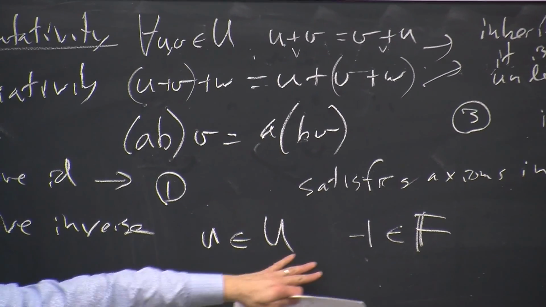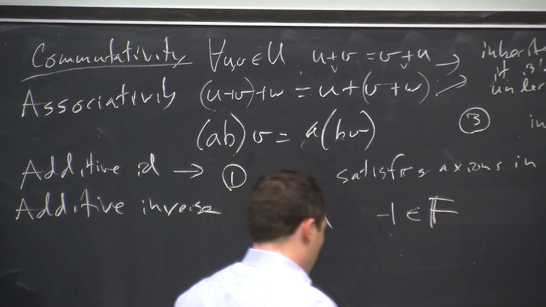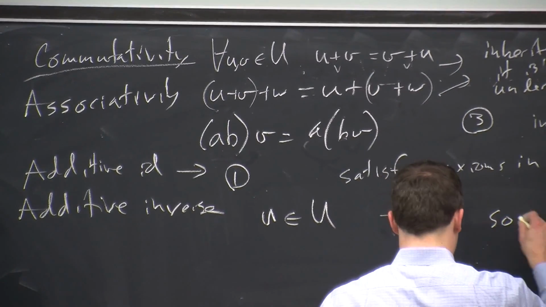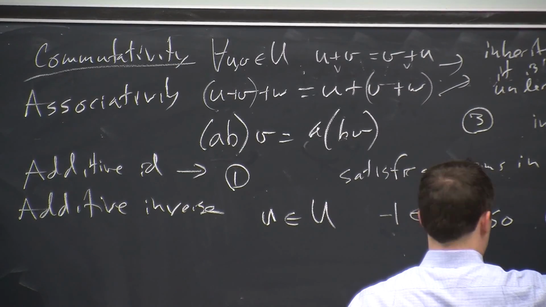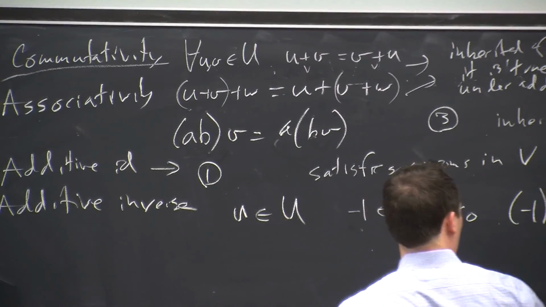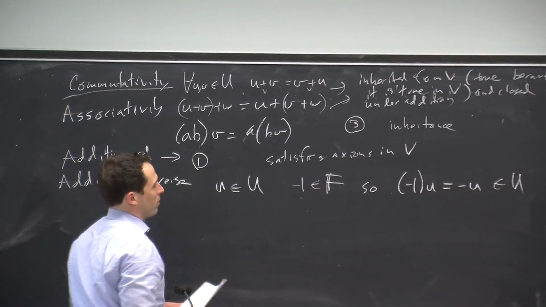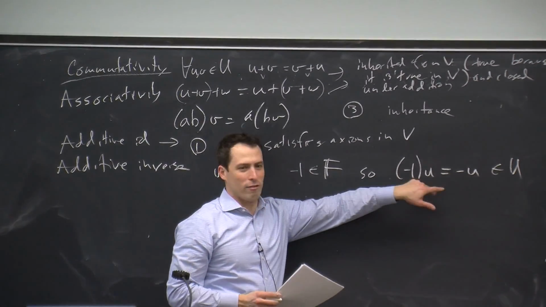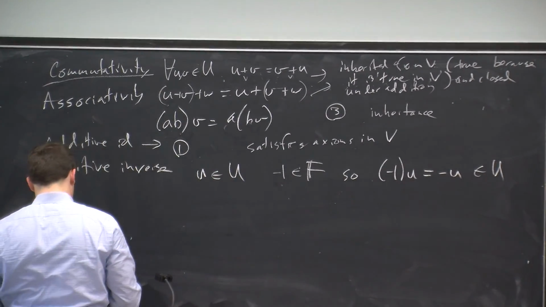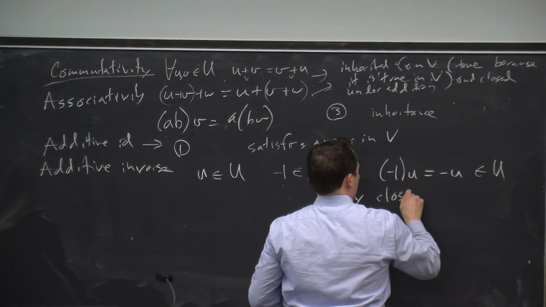Well, not as special, but there's an element -1, the additive inverse of 1. And so -1 times U is -U, and that's in U. A little bit later, we'll see how to be a little bit more careful about saying things like that. Okay, by closure under scalar multiplication, we have the additive inverse.